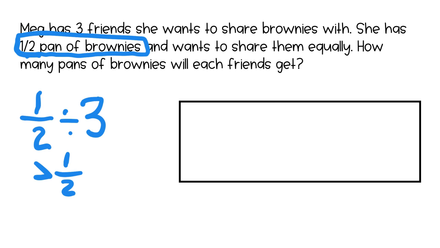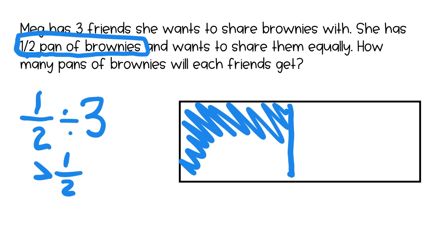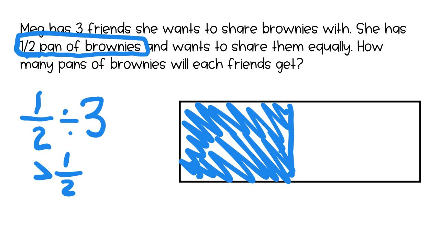So let's go ahead and jump right in. We only have 1/2 of our brownies, so I colored it in blue. Now I need to take the 1/2 of the brownie and I need to split it into 3 equal parts. 1, 2.